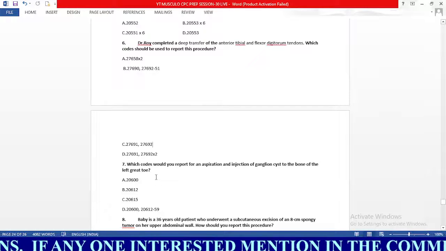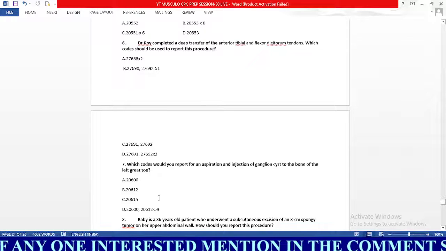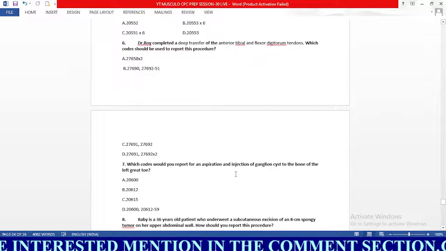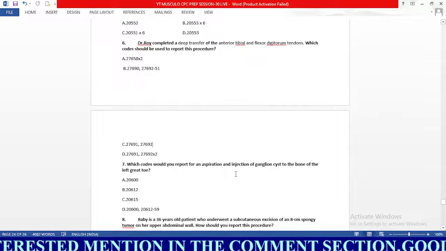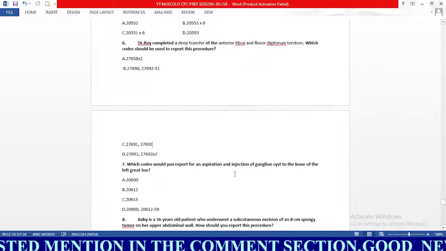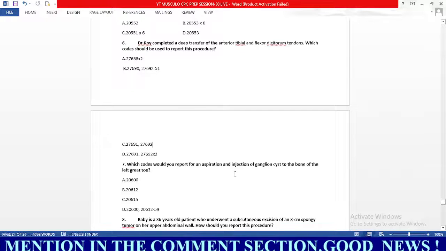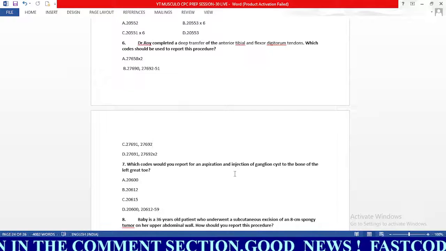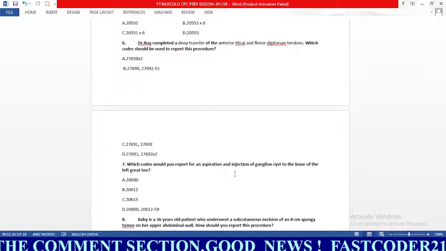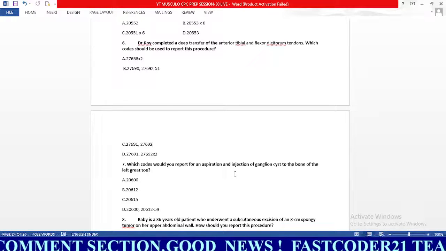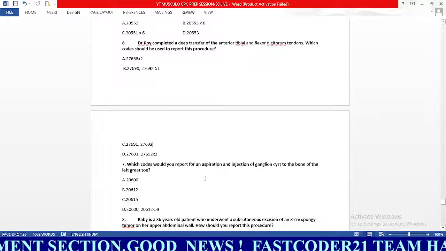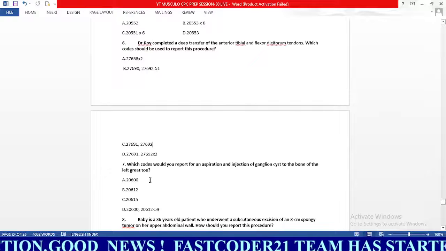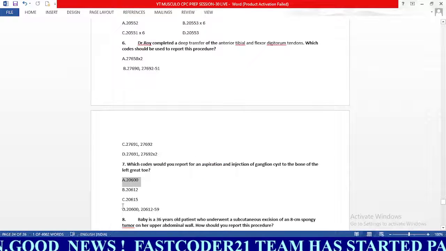So because of that reason we can eliminate A and D. Basically arthrocentesis means aspiration of the fluid. Arthro means joint. So 20600 denotes arthrocentesis of joints. So here the physician did not perform aspiration into the joint. So we will eliminate A and D.